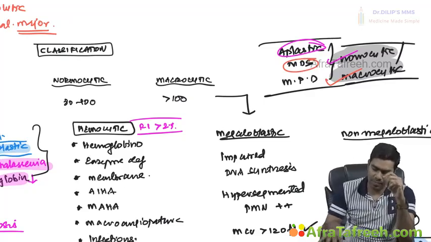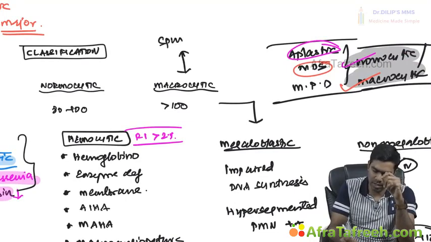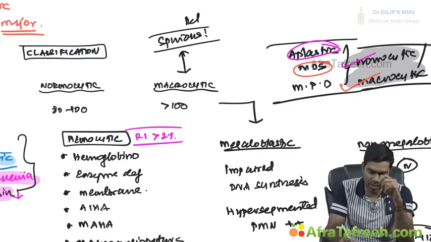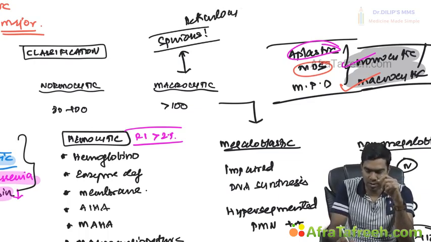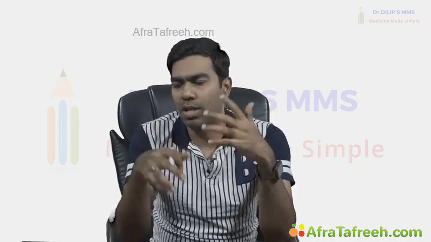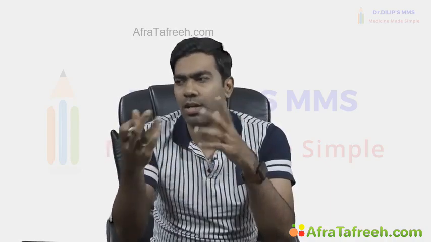Similarly, there is one spurious cause of macrocytosis, and you have to know what it is. The answer is if the patient has underlying reticulocytosis. The automated machines count the RBC and the reticulocyte in a similar way because both do not contain a nucleus, so they mistake the reticulocyte for an RBC.